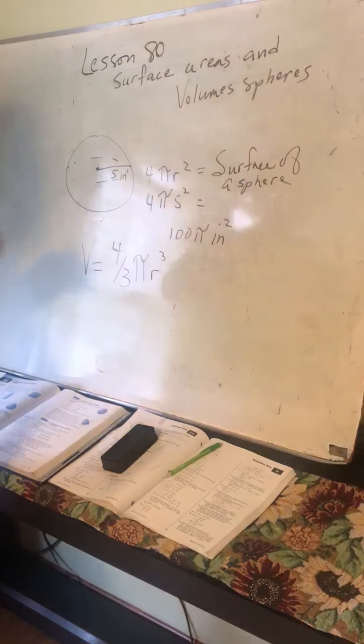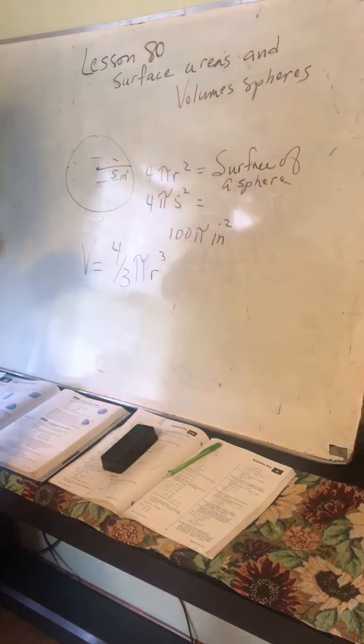If the radius is 13 inches, the volume of this sphere would be 4/3 pi times 13 cubed, or 13 times 13 times 13, and that ends up being 9,202.77 inches cubed.